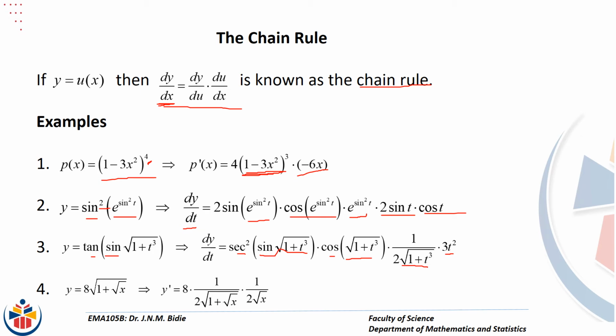Derivative of 1 is 0, and the derivative of square root of x is 1 over 2 square root of x. And I'm hoping that you are able to realize, always start with the outer function and then go inwards.